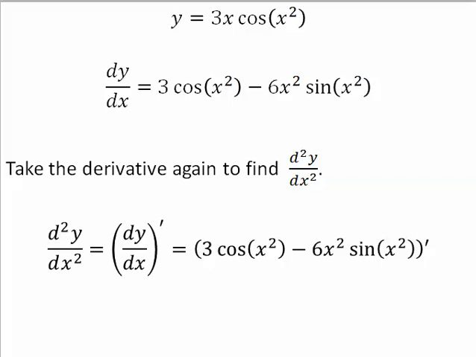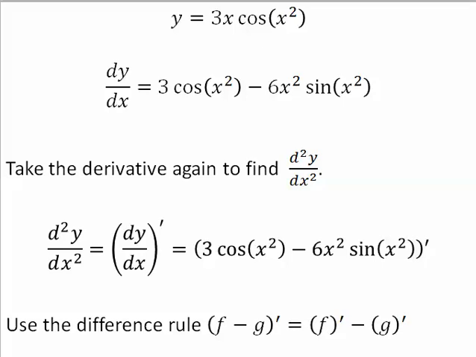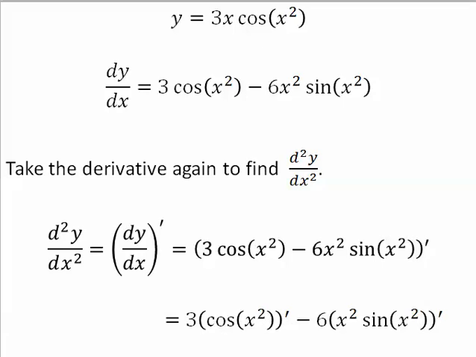Notice that we have a difference of two terms. So we're going to use the difference rule. Okay, I'm going to now just move this last line up to the top of the next slide.